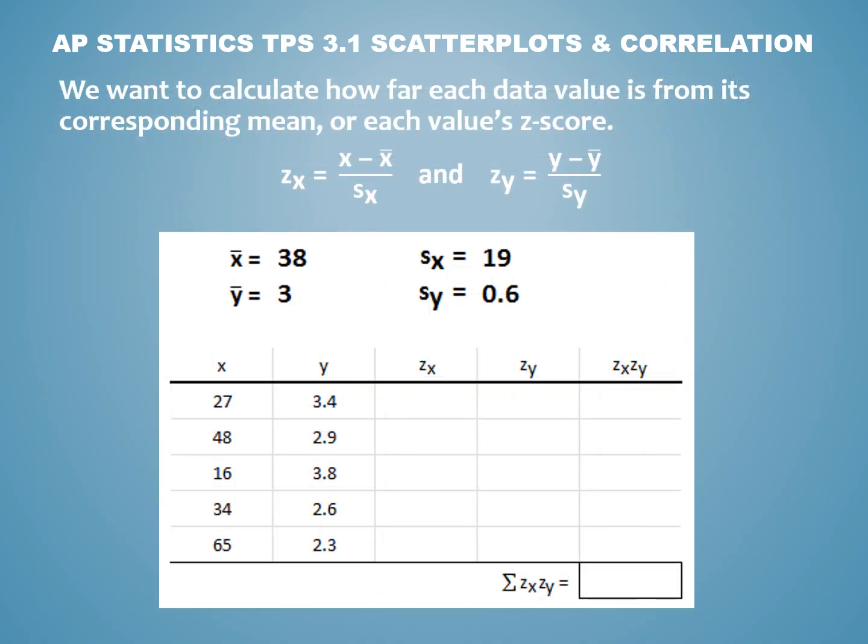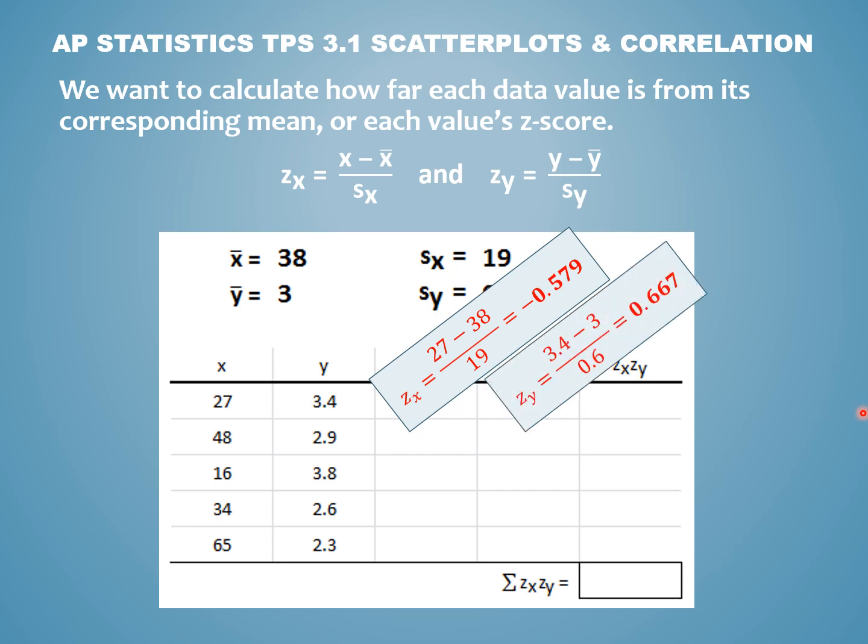All right, so the actual calculation. Back in chapter 2, we learned about z-scores. And so here we calculate the z-score for each X value and the z-score for each Y value. So we look at this 27, and we subtract the mean of 38, and we divide the result by 19, the standard deviation. So it's the z-score for the X data value compared to all the other X values, the distribution of X values.